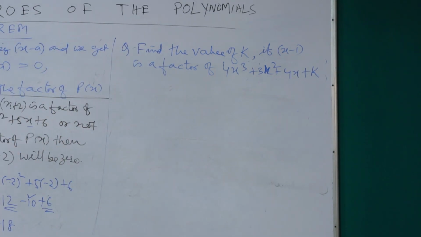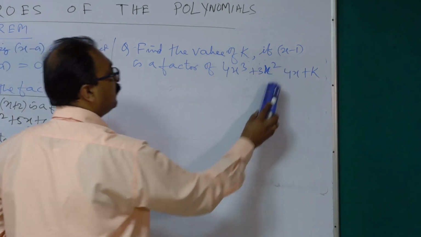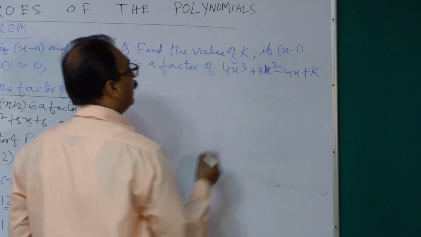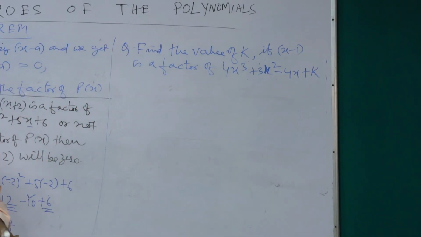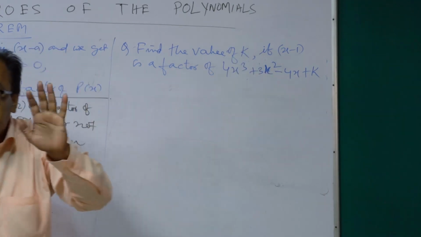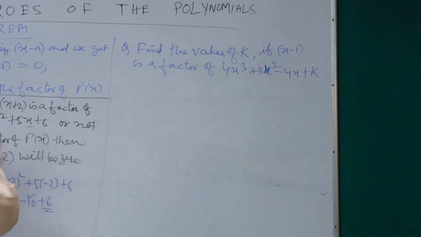Then what is the value of k? If we have to find the value of k, this one is a factor, already mentioned it is a factor. That means the remainder must be 0. No other options. Clear?